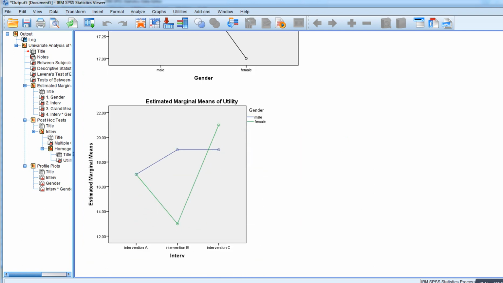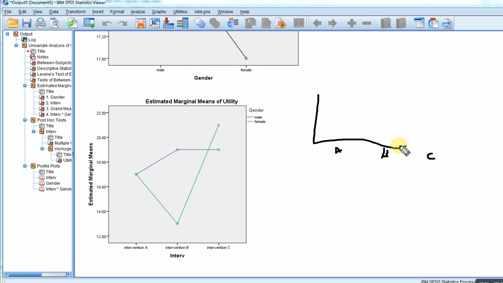Then we get to some of the interesting things in terms of potential interaction effects. If there was no interactive effect, then basically both of these lines would be parallel. So it wouldn't matter what it would look like, if we had interventions A, B, and C, which is terribly drawn here. But if you had something like this, let's say this is for males, and then we had this for females.